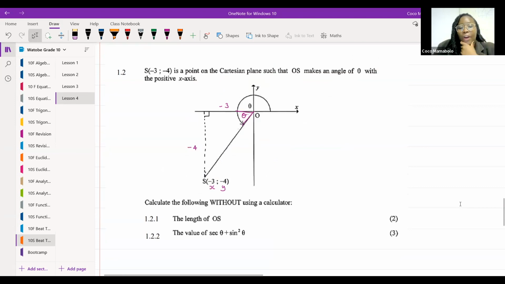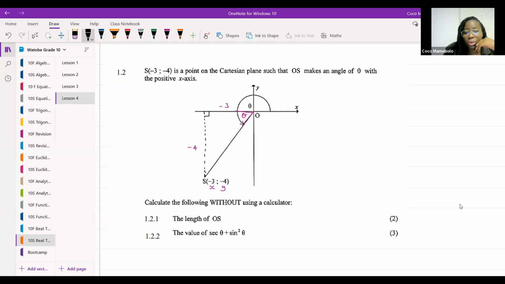We're going to keep moving, guys. Let's go. It says here, find the length of OS. You're very welcome, Delaney. Now we know that OS is the radius. And how do we find the radius, guys? We use Pythag.